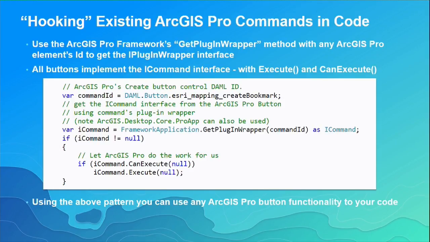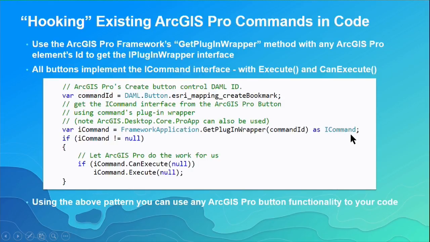And buttons, for example, all implement the ICommand interface. So if you look at the code snippet below, you can see I'm actually looking for my Esri mapping create bookmark button. I call the FrameworkApplication's GetPlugInWrapper function. It returns to me the IPlugInWrapper interface.